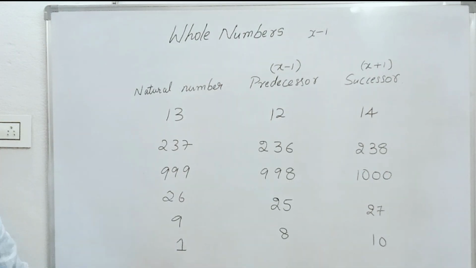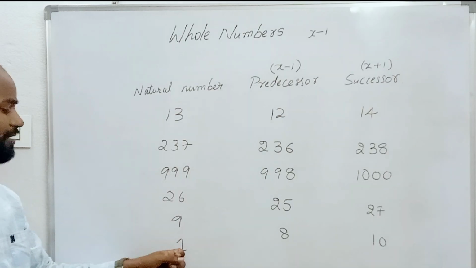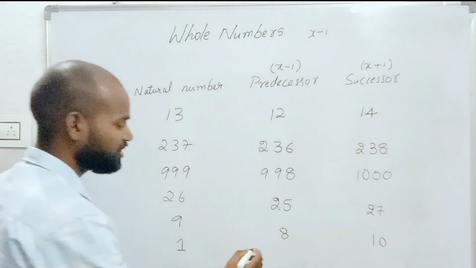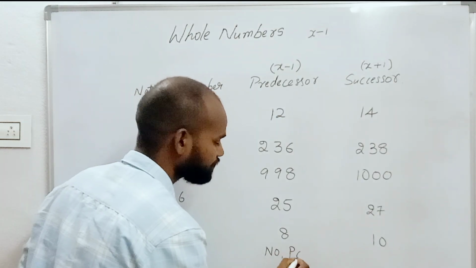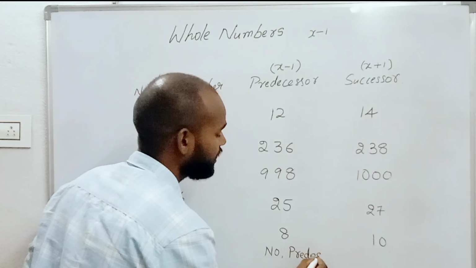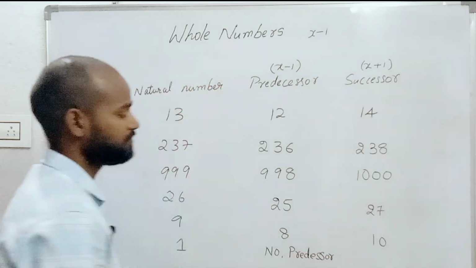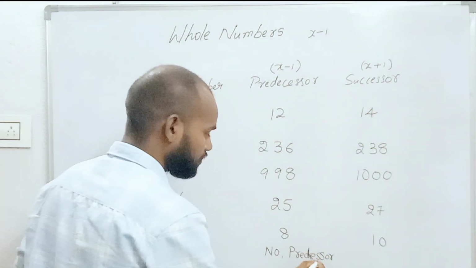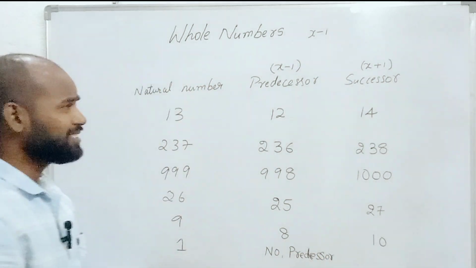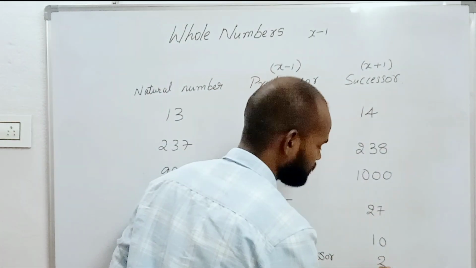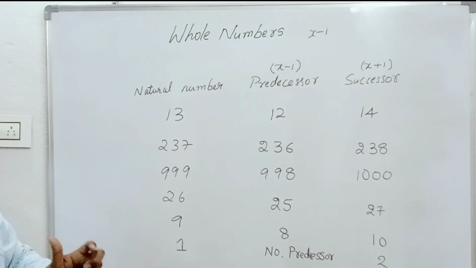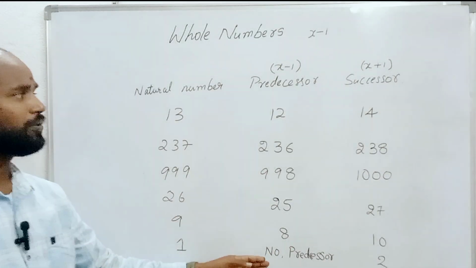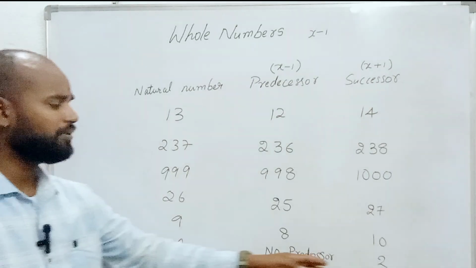For natural numbers, there is no predecessor for 1. Then what is the successor for natural number 1? 2. So only for 1, there is no predecessor in the natural numbers. The successor will be 2.